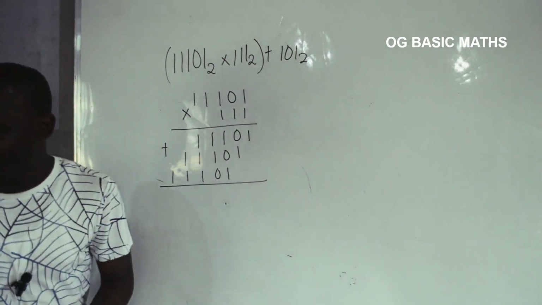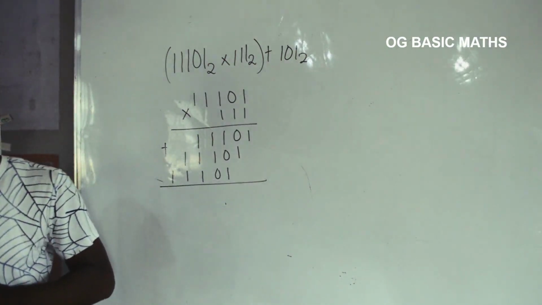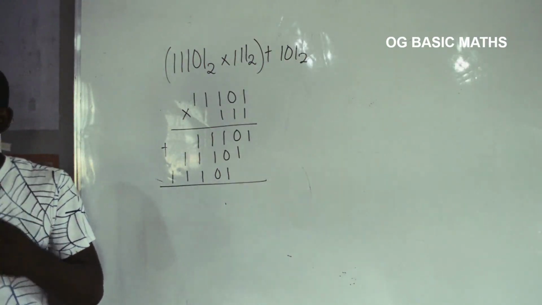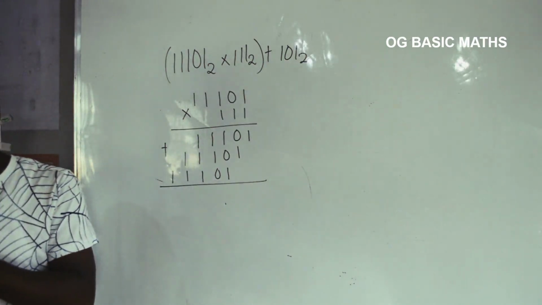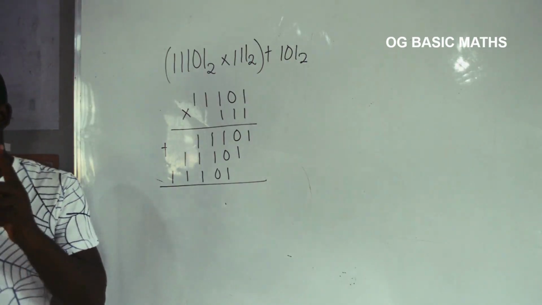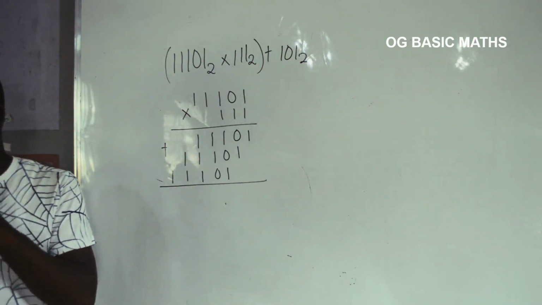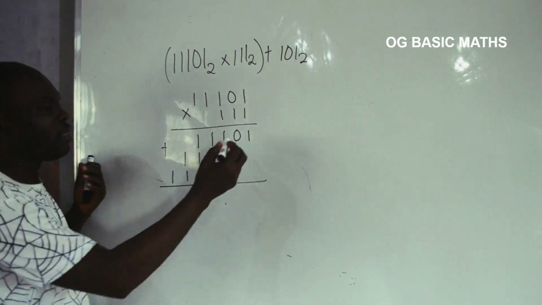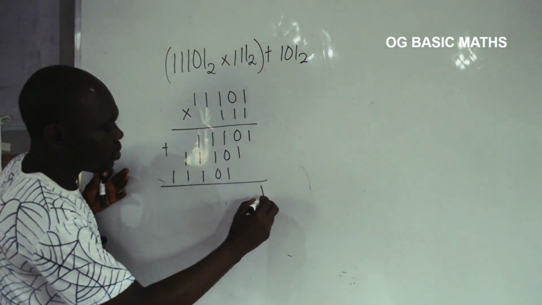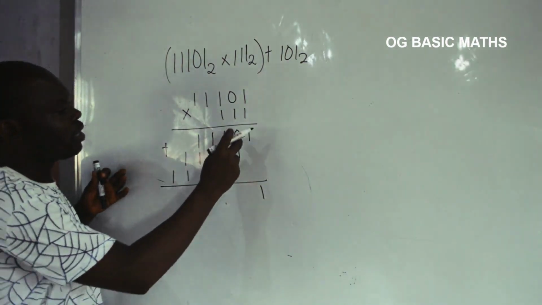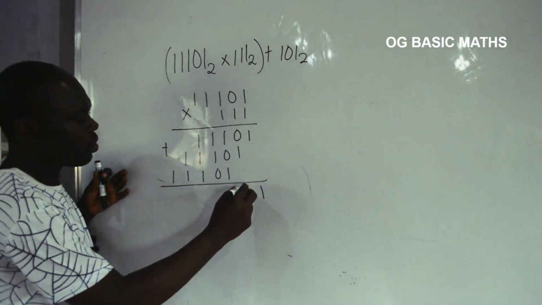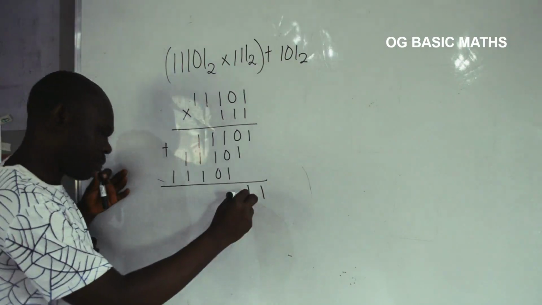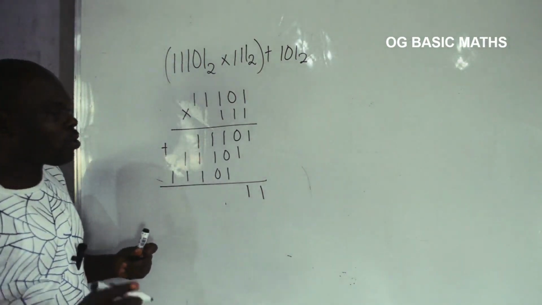You add all of them. Remember in base 2, when you are adding or whatever you are doing, your answer must not be more than 0 and 1. Anything above 0 and 1 means you are wrong already. So to add them, you bring down this 1. Then 0 plus 1 is 1. 0 plus 1 is 1.